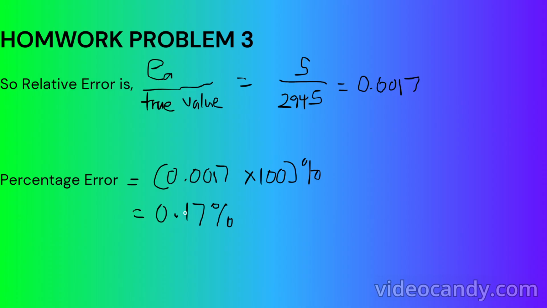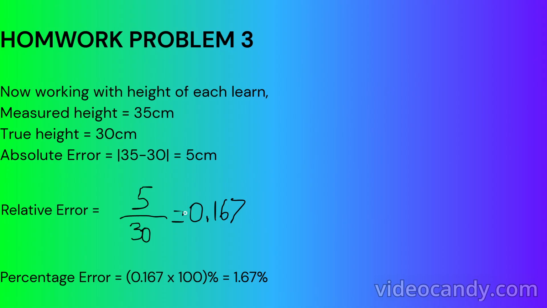So the relative error is 0.0017 and the percentage error answer is 0.17%. Now the working height of each beam: measured height equal to 35 centimeter, true height equal to 30 centimeter.